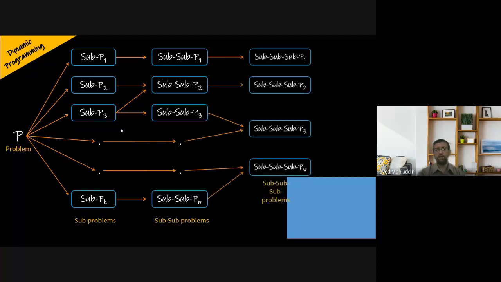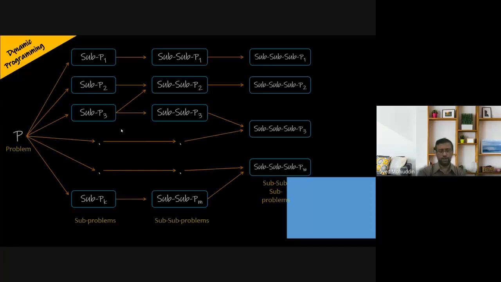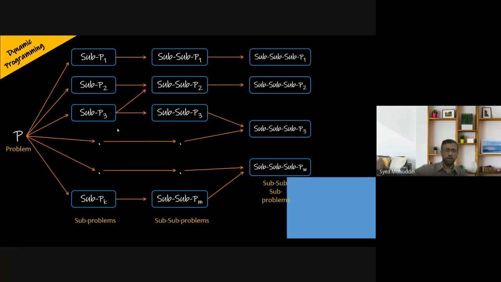Again, they can be divided into subproblems, and it can go on. And when the smallest subproblem is solved, we come back to the subproblem which is solved using the solution of the smaller subproblem. And then finally we get the solution for the larger problem.